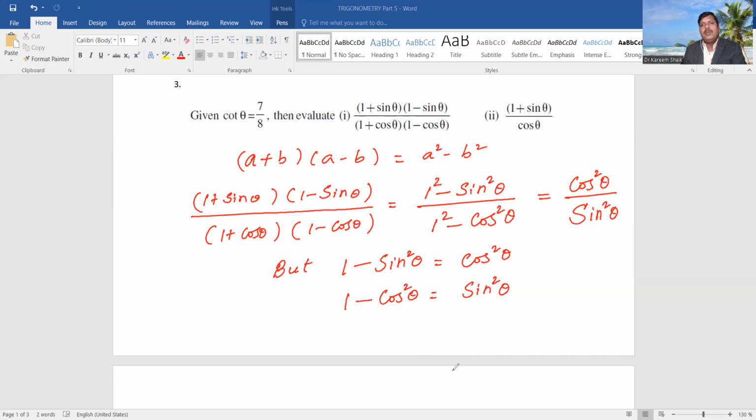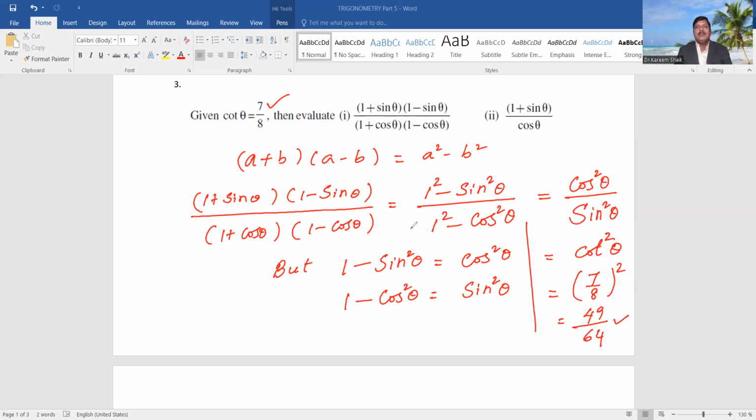But we know that cos theta upon sin theta is cot theta. Here it is cos square upon sin square, so we got cot square theta. But the given cot theta is 7 upon 8. So (7 upon 8) whole square. That means 7 square is 49 upon 8 square is 64, which is our required solution for problem number 1. I hope it's clear.